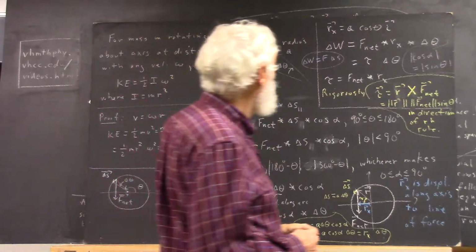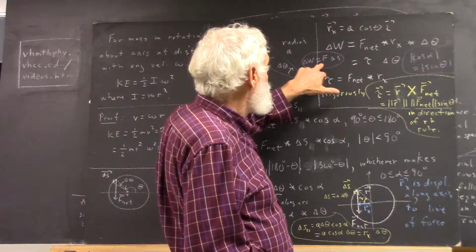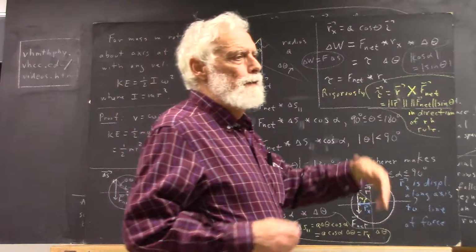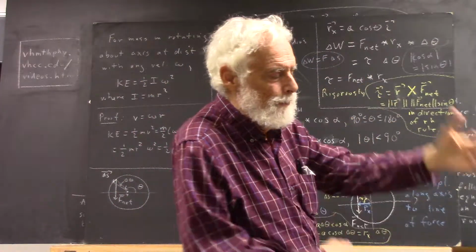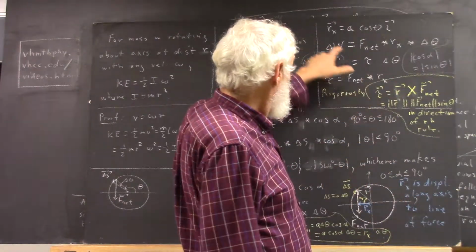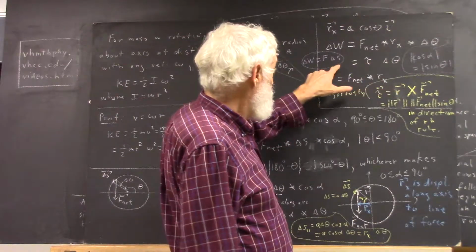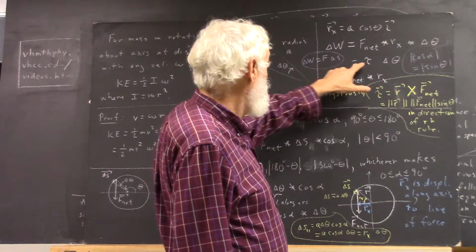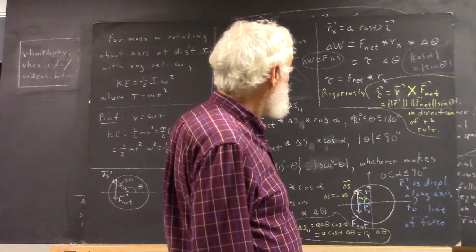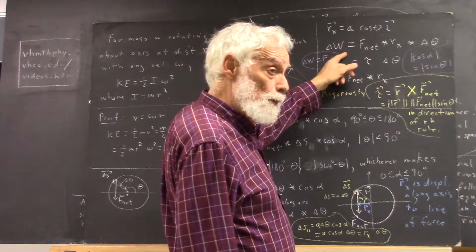You've got to project, get parallel components. Provided your torque and your direction of motion are properly aligned for a rotating object, you have this. Where delta theta takes the place of delta S, your displacement, and tau takes the place of your force. So you multiply this tau thing by delta theta, you get the work.